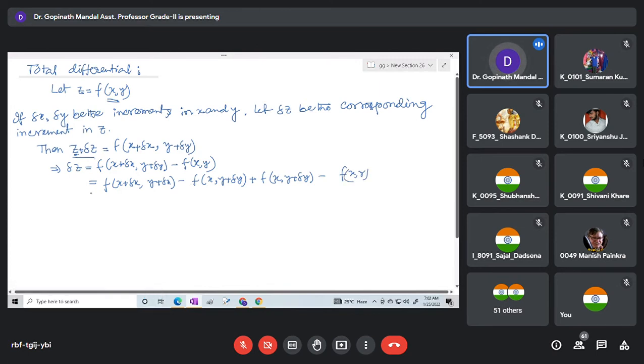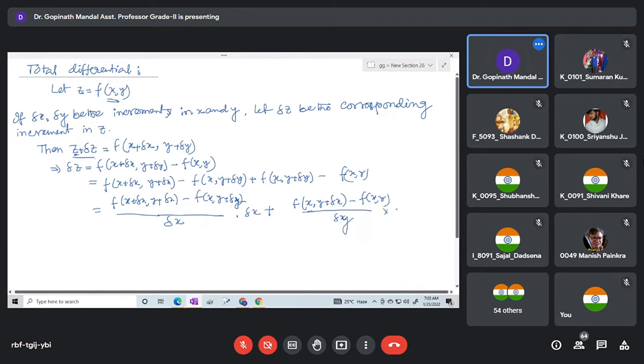So plus minus cancels. Now this can be written as [f(x plus delta x, y plus delta y) minus f(x, y plus delta y)] by delta x into delta x plus [f(x, y plus delta y) minus f of xy] by delta y into delta y.